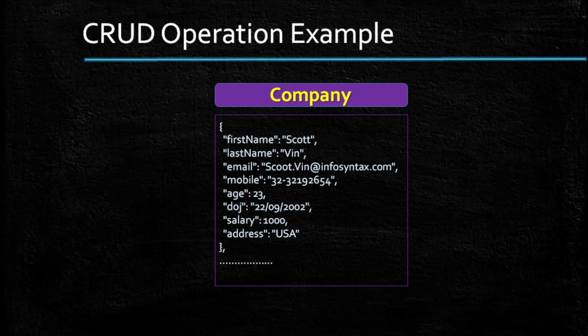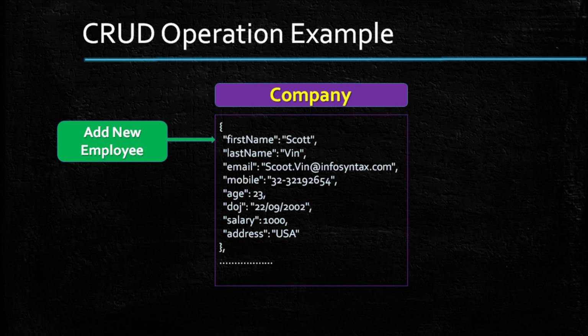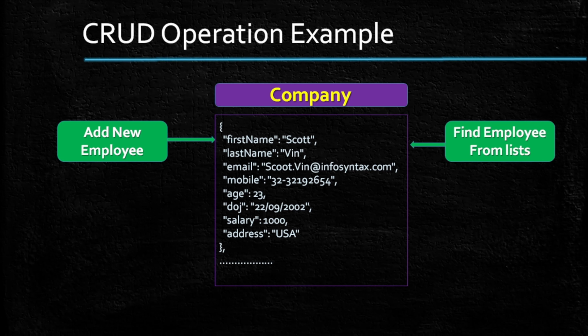For this case, we will add a new employee to our collection. The second operation: when you want to search for any data in the employee collection, we will perform the read operation, that is, find an employee from this list. In this example, the first name is Scott, the last name is Vin, and we have other data: email, mobile, age, date of joining, salary and address.